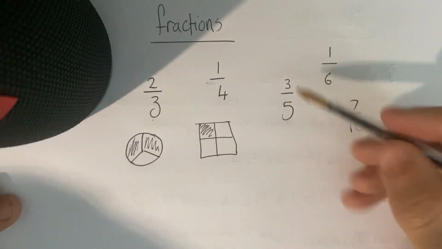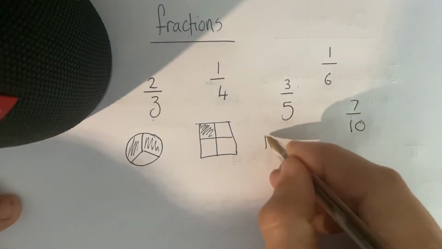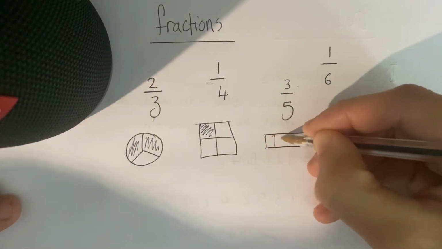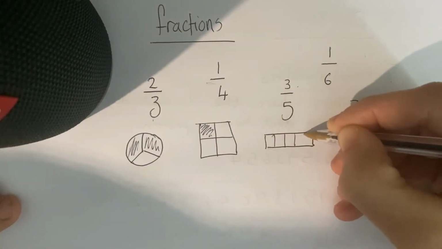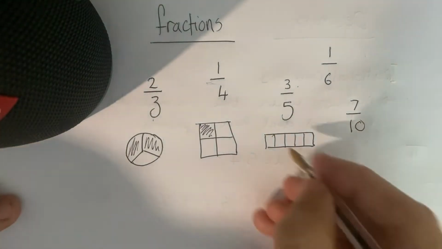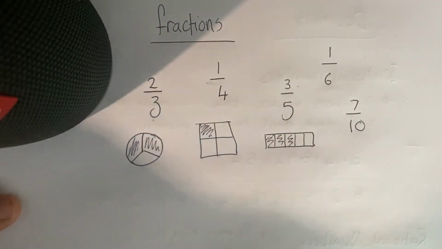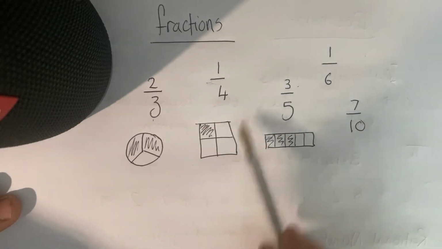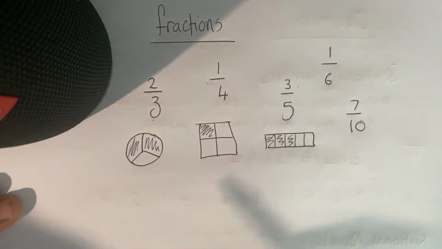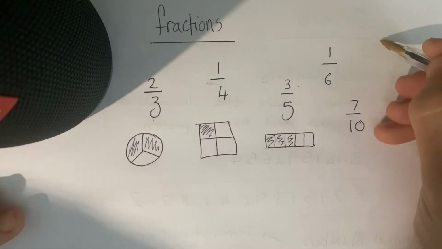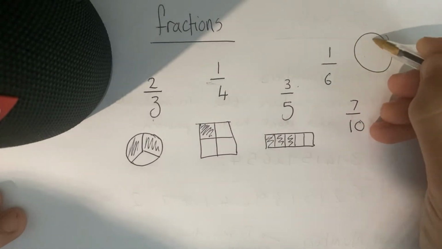Okay, here, let's have something that we can divide into 5. Let's just go for a rectangle. 1, 2, 3, 4, 5. So 3/5 would be 3 parts of this. Okay, so we've got 3/5, 3 parts of the rectangle. Next here, we've got 1/6. Let's go for a circle this time.